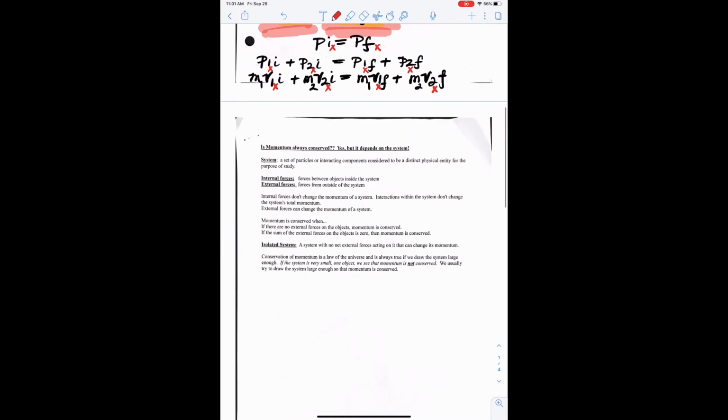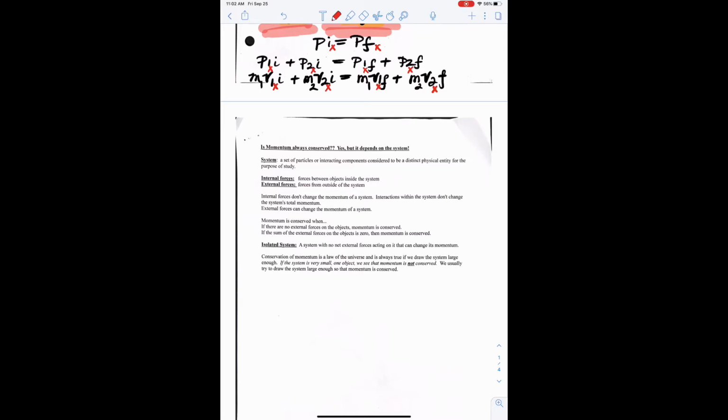All right. Is momentum always conserved? The answer is yes, but it depends on the system. And this is kind of a tricky topic, because on the AP test, they could ask, show these two objects collide, prove that momentum is conserved, prove that momentum is not conserved in the same problem.